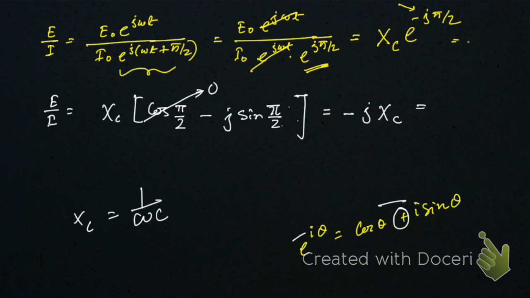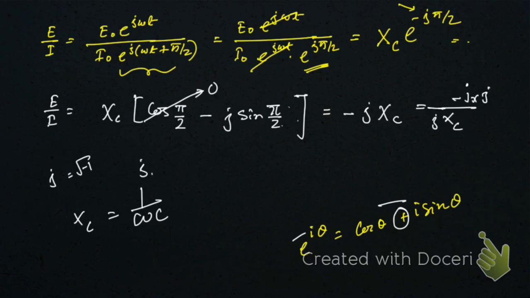So here we can write minus j by XC, and if you multiply j here and here also j, we know that j is root over minus 1.